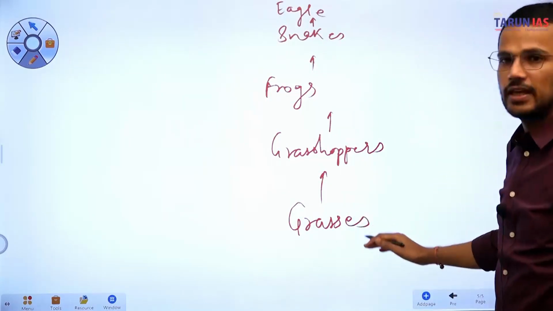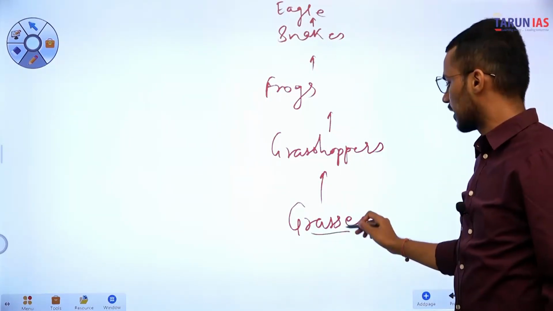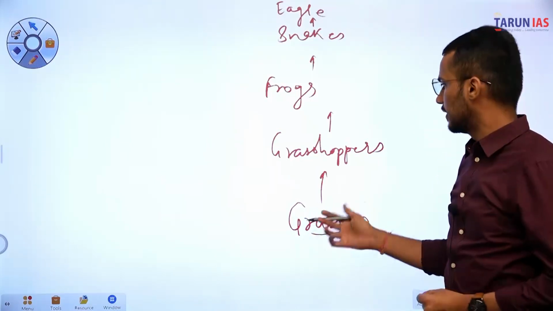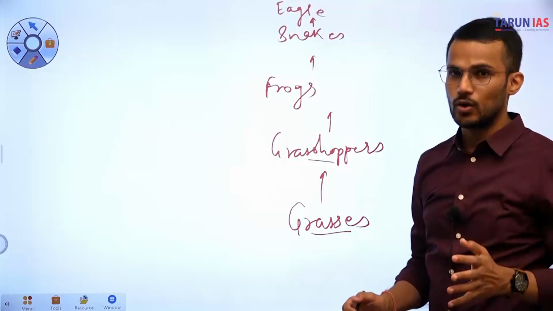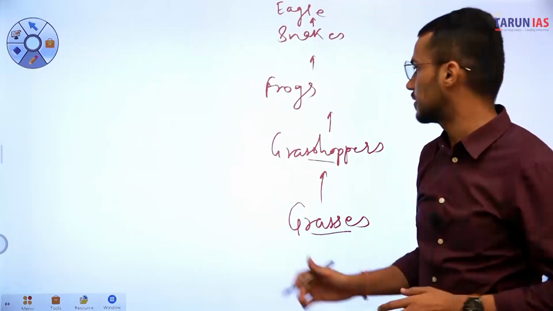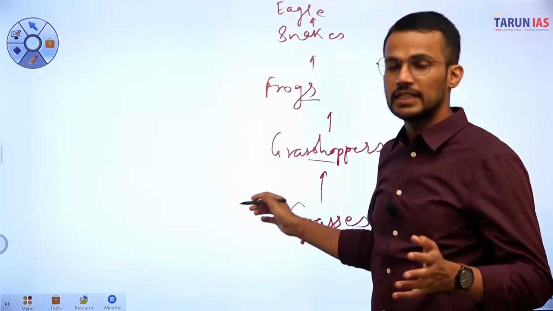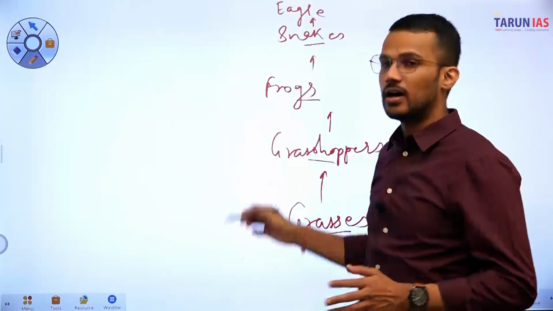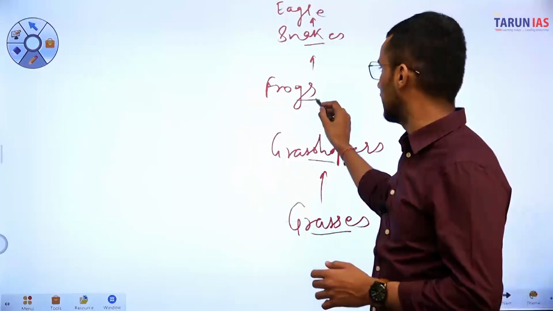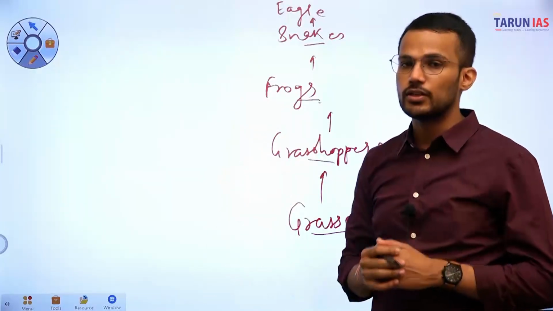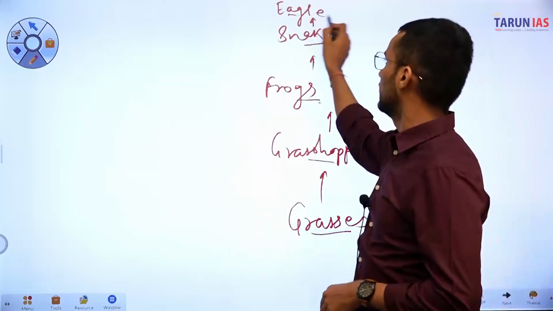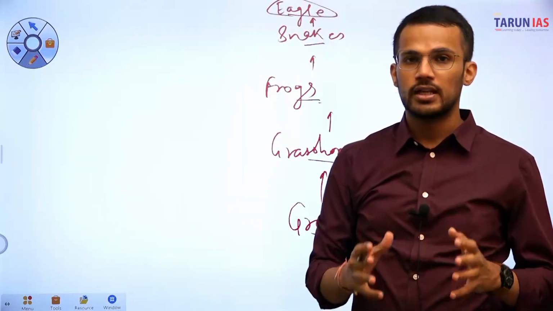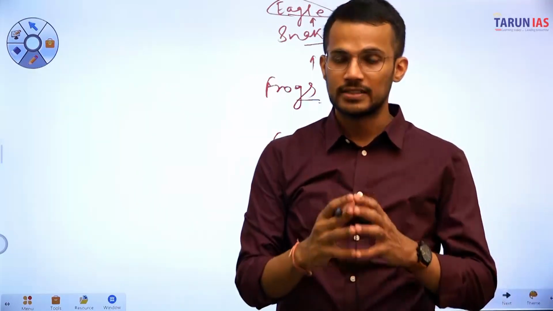Fine. So this is a food chain in which grasses are the producers. They are eaten up by grasshoppers, which are primary consumers. Then frogs are eating grasshoppers. They are secondary consumers. Snakes are tertiary consumers as they eat secondary consumers in the form of frogs, and the eagles are the topmost consumers because they are feeding upon snakes.